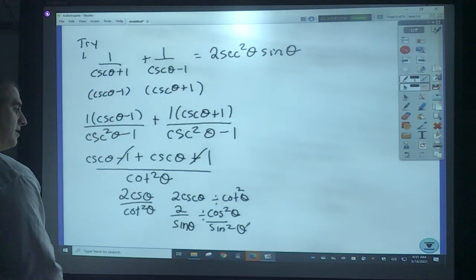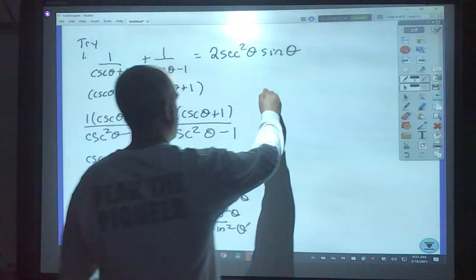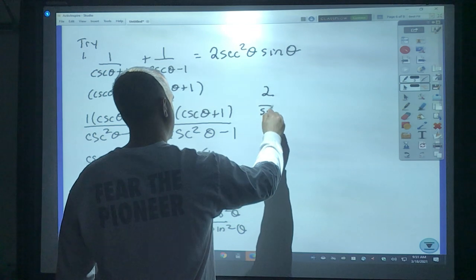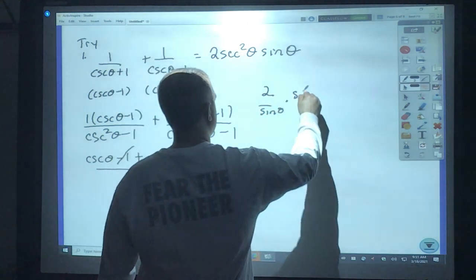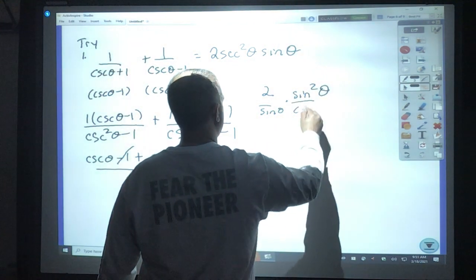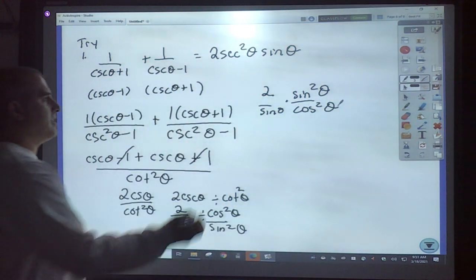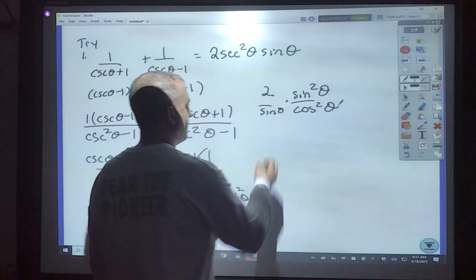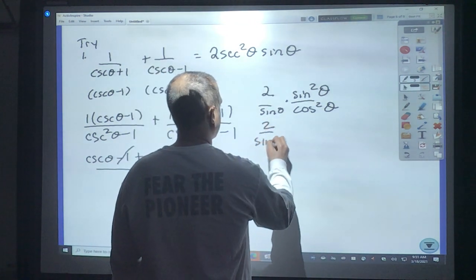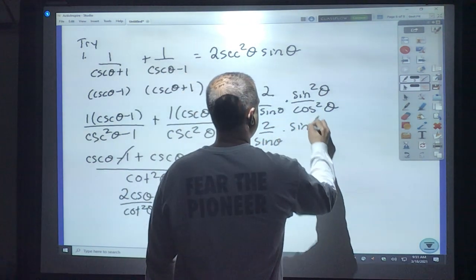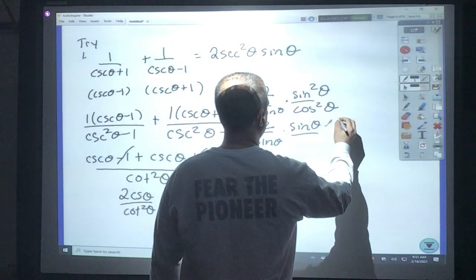I'm going to continue to work here. So I got 2 over sine theta times sine squared theta over cosine squared theta. Now, I'm going to go ahead and write these out nice and big so we can just work with this.